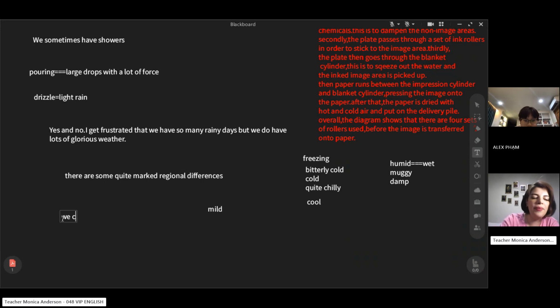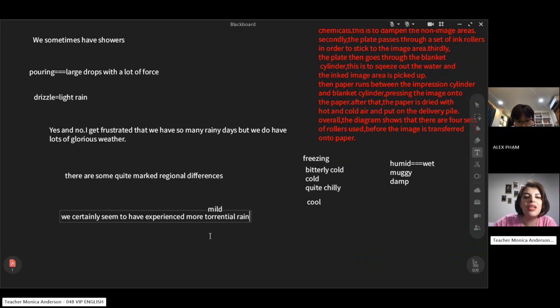You can say, we certainly, because you experience some things, seem to have experienced more torrential rain. What is torrential? It means heavy rain.